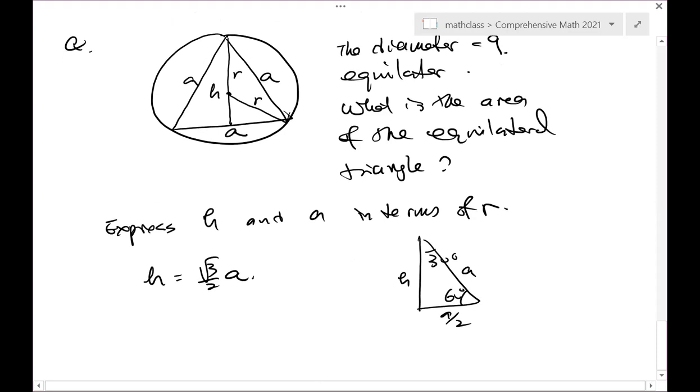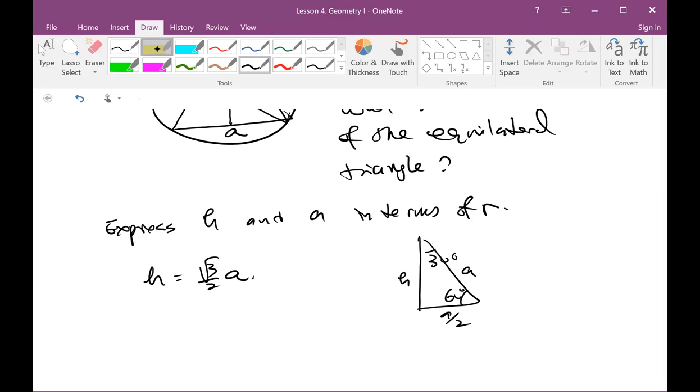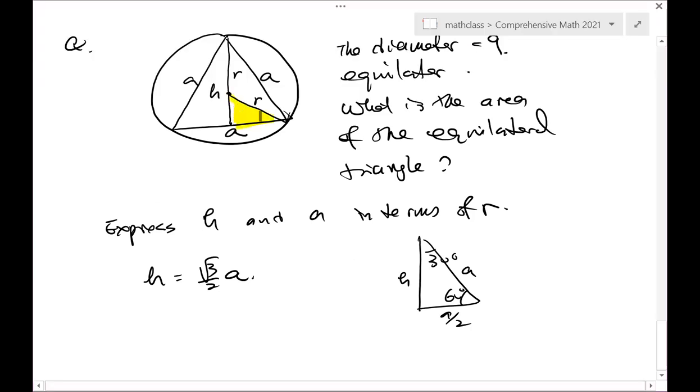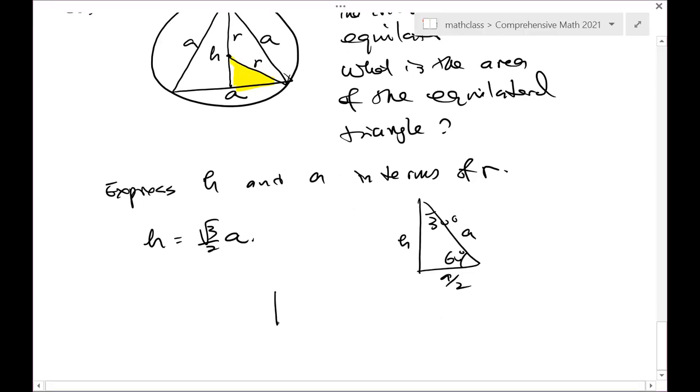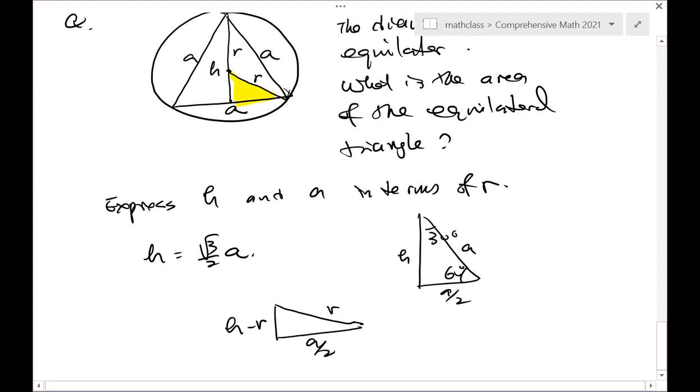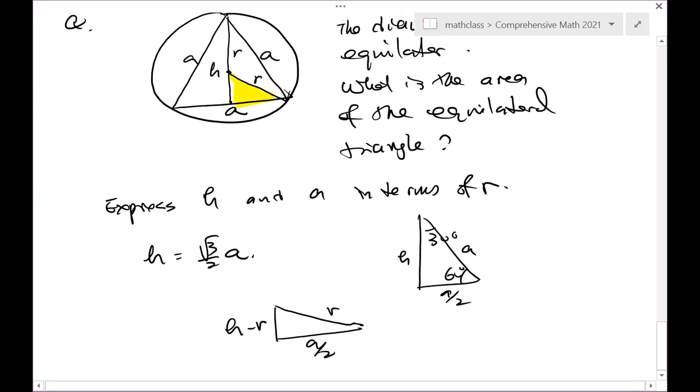Then you look at the right triangle this way. This side is half of A, this side is R, and the other side is H minus R, the top part.